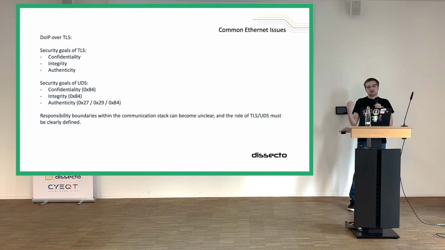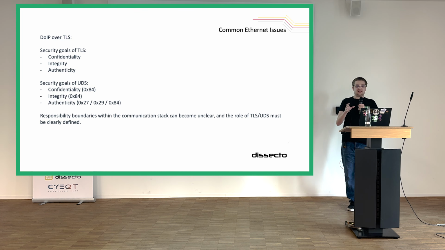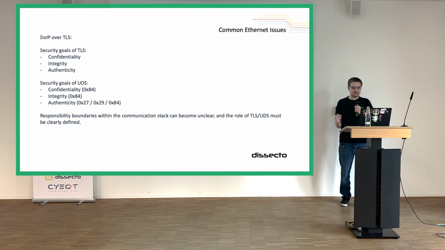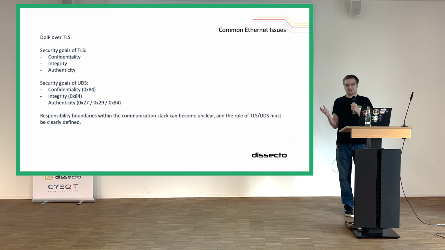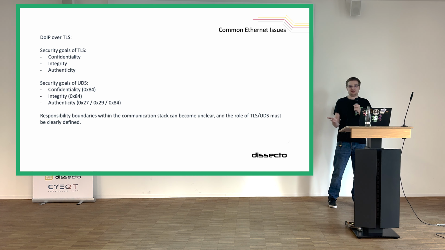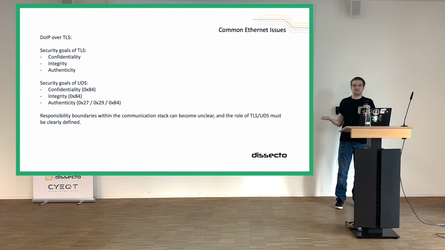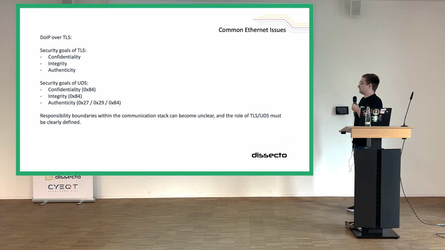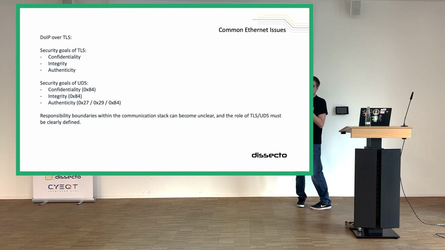So before using UDS and TLS together, first the boundaries of what protocol does what must be clearly defined. For example, if we see a TLS implementation with deactivated encryption, deactivated authentication, why are we using TLS? Therefore, it's important to check if these goals can be achieved with the implementation.